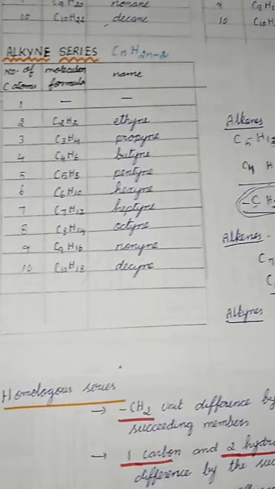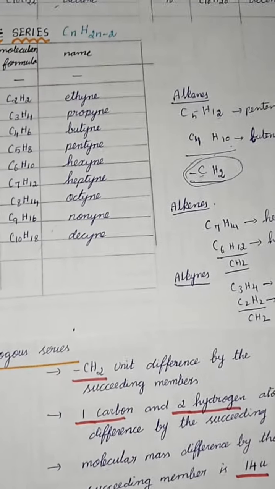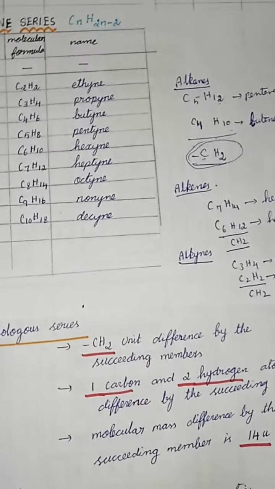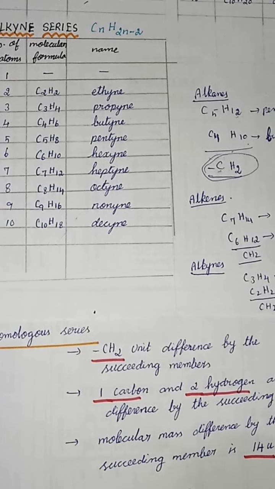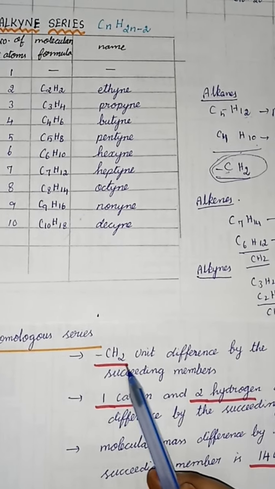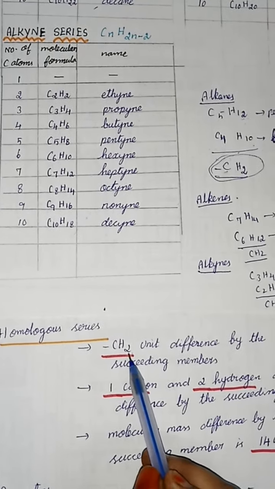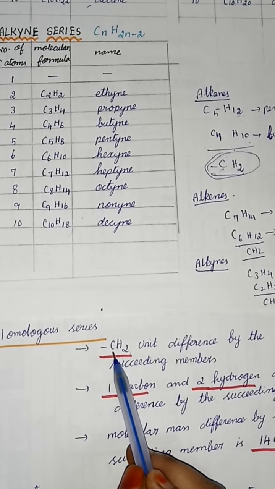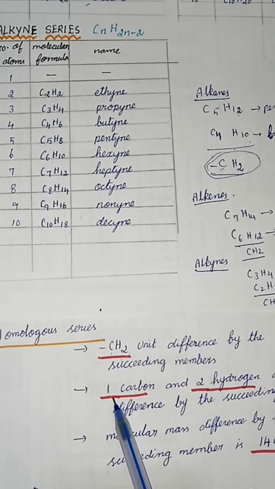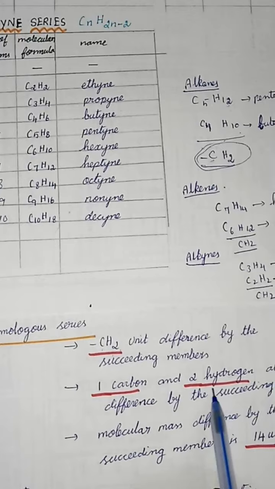So what is the definition of a homologous series? A homologous series is one in which succeeding members of the family differ by a CH2 unit. Atomic-wise, they differ by one carbon atom and two hydrogen atoms.